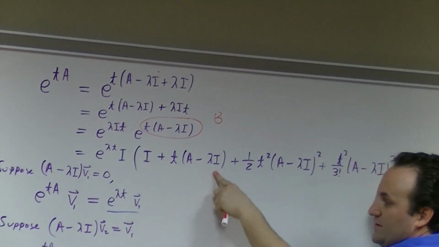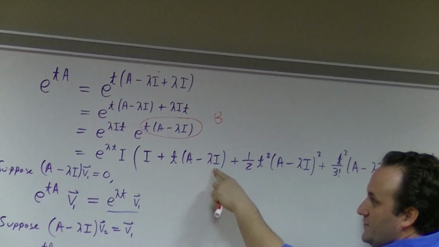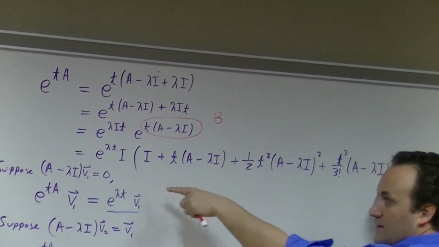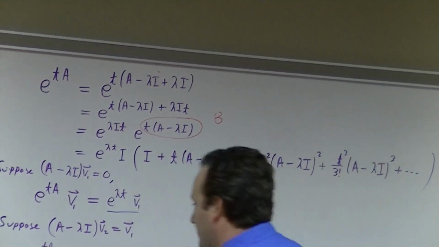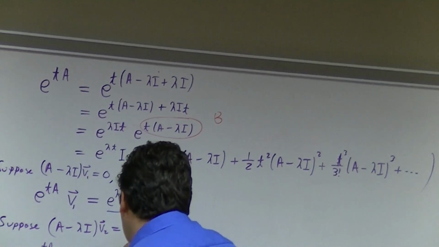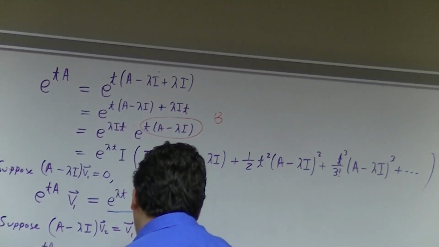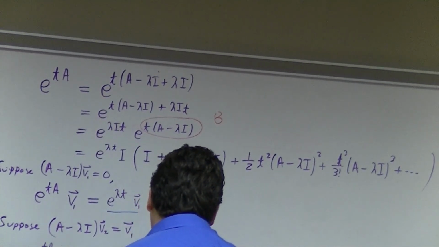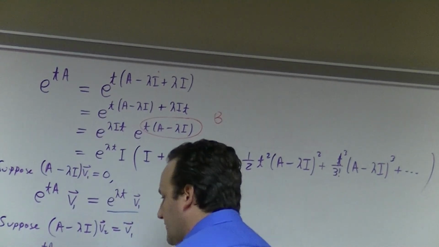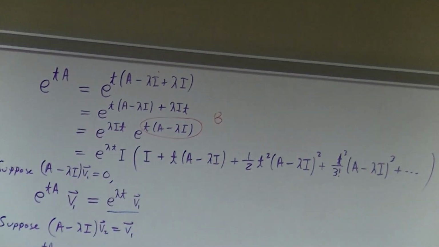When you have a minus lambda I times v2, you get v1. This stays v2, so what you end up with is e to the lambda t times v2 plus t v1. See guys, this is where the t comes from in the repeated root case in differential equations. If you're in differential equations, you know what I'm talking about.